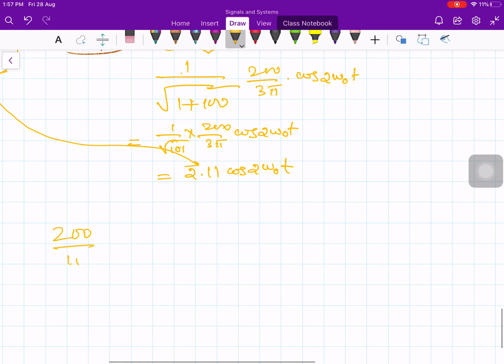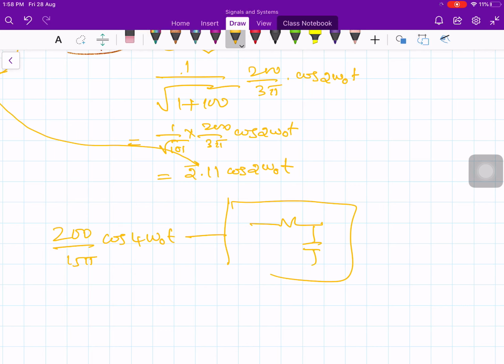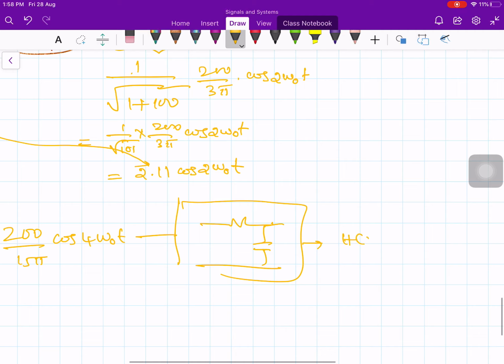The next term is 200 over 15 pi cos of 4 omega naught t. You apply the same system, which consists of the resistor and capacitor with the same values, and the output is simply the input times its system function, or frequency response function, at 4 omega naught.